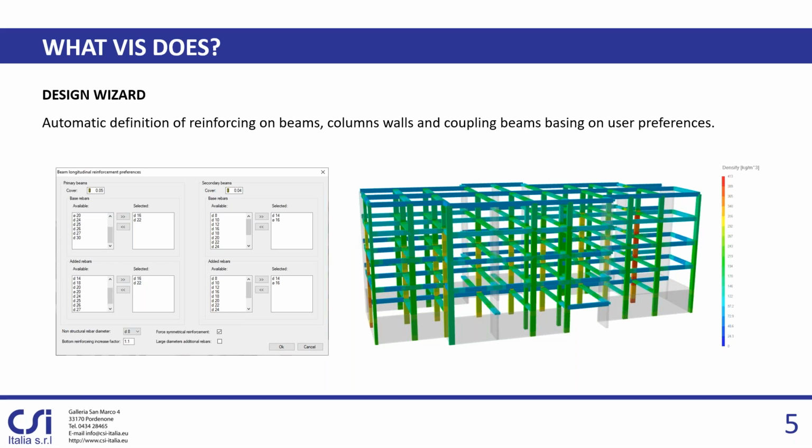Users will then simply have to check if the reinforcing provided by the program satisfies all these requirements, maybe make some minor adjustments, and he is done with the design.